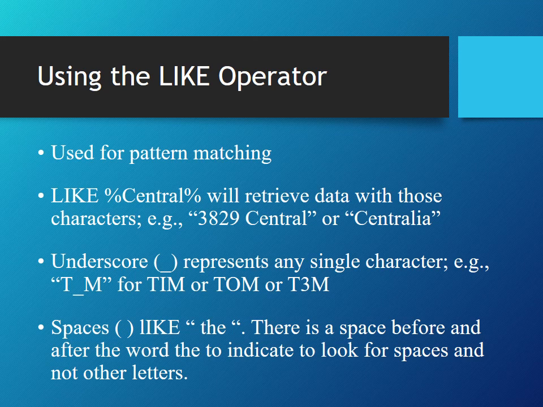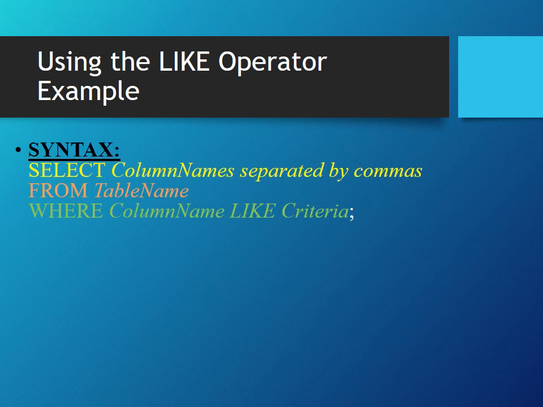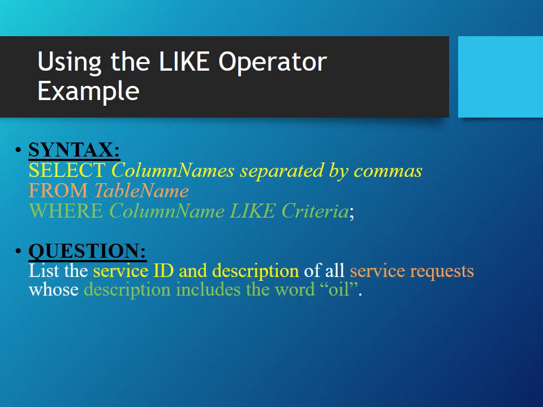Let's look at an example. The syntax is select column names separated by commas, from table name, where column name like criteria, and then a semicolon. For our question, we have list the service ID and description of all service requests whose description includes the word oil.